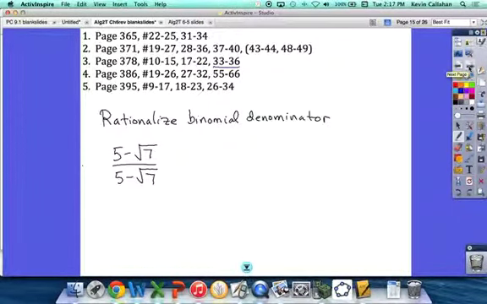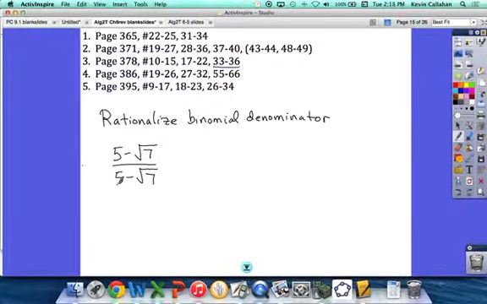Okay, rationalize a binomial denominator. Okay, it's a binomial and it has a radical in it. Right, what do you multiply by to rationalize a binomial denominator? Okay, what do you call that?